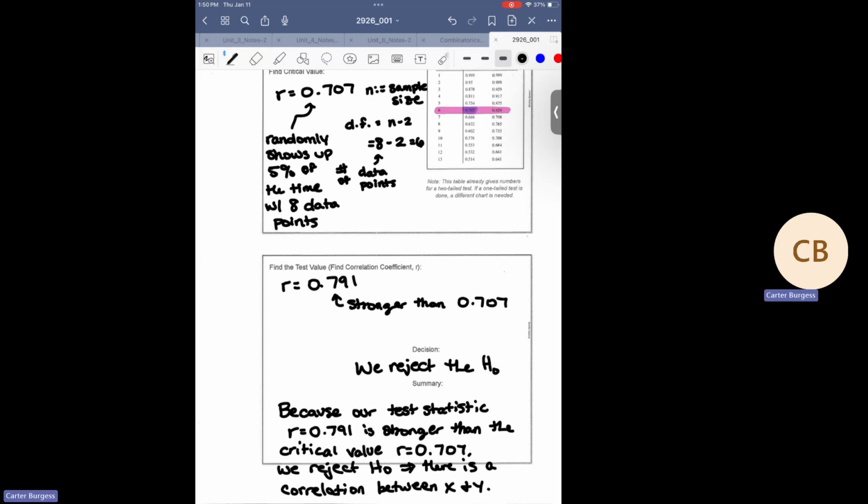Is it every time that the correlation coefficient is larger that we reject the hypothesis? Pretty much. So every time our R value is stronger. For instance, a good example: if the R value that we had found was negative 0.791, is that R value strong enough for us to reject the null?